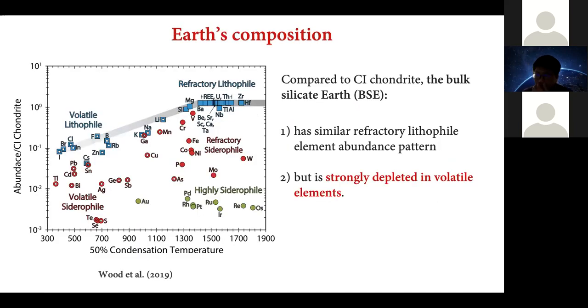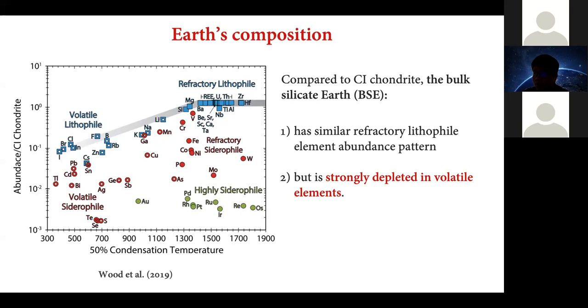Based on previous studies, we know that compared with the solar composition, the primitive chondrite, the bulk silicate Earth, which is also called BSE, has a similar refractory lithophile element abundance, but is strongly depleted in volatile elements. Here, as shown in this figure, the y-axis is the elemental abundance of the silicate Earth over CI chondrites, normalized to magnesium concentration.